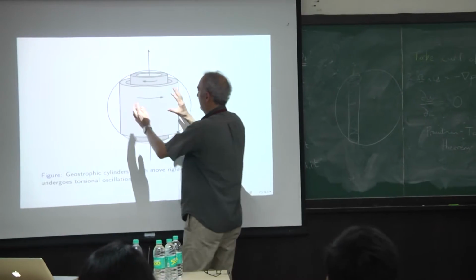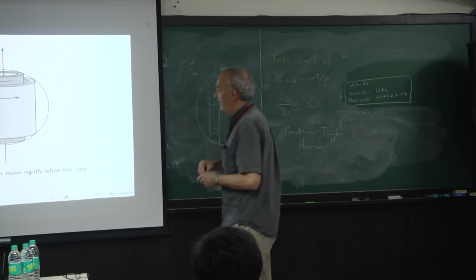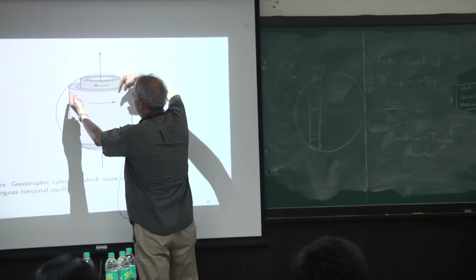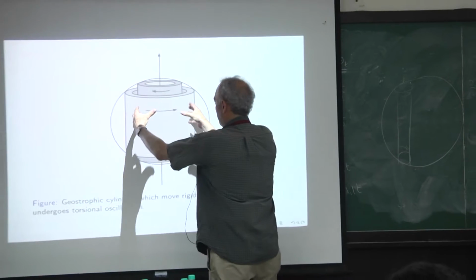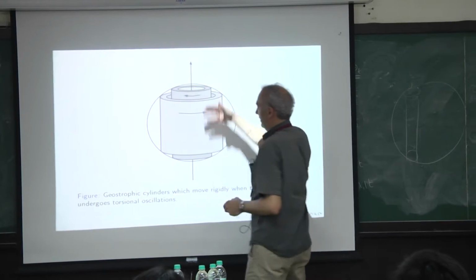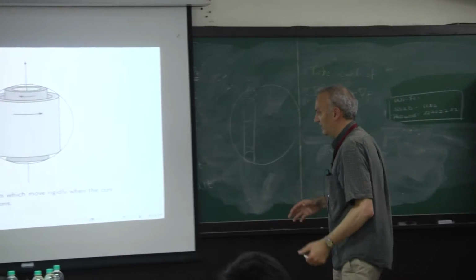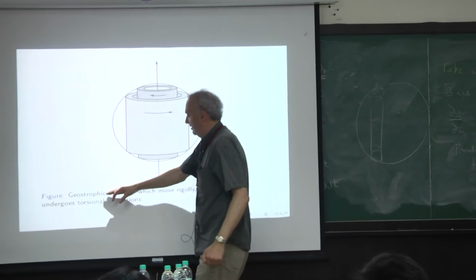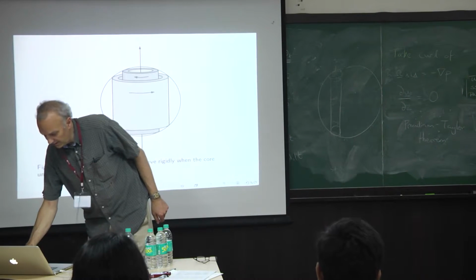And if you want to calculate the angular momentum carried by flows, the only part you want is the axisymmetric part. So in a way, the angular momentum depends on these kinds of cylinders that I've drawn on this diagram, which we call geostrophic cylinders.